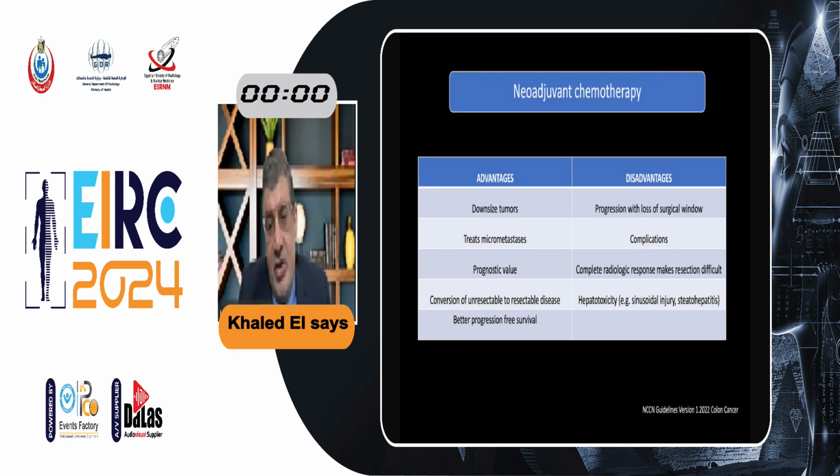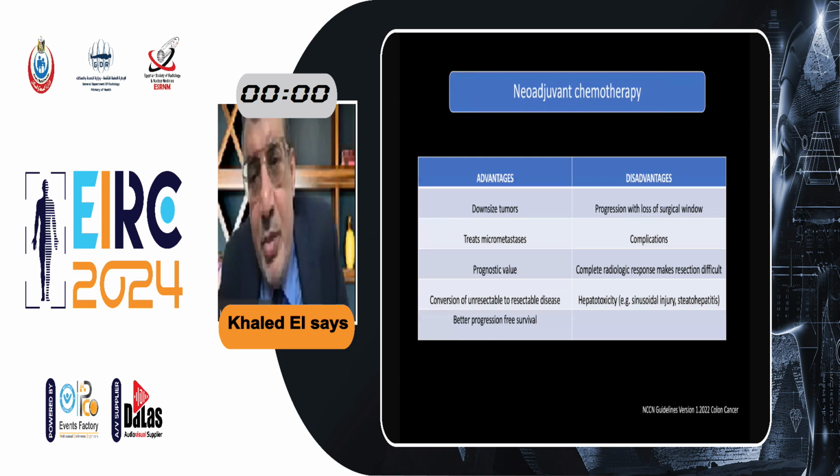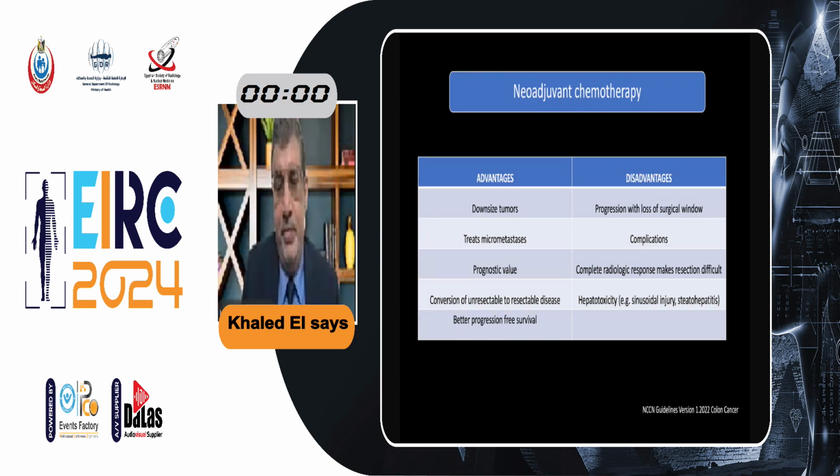The disadvantages, what are they? Number one is basically complications. You can have hepatotoxicity and other complications, and of course it's miserable to take chemotherapy. But two more important disadvantages regarding surgical planning: number one, you can have progression with loss of the surgical window.